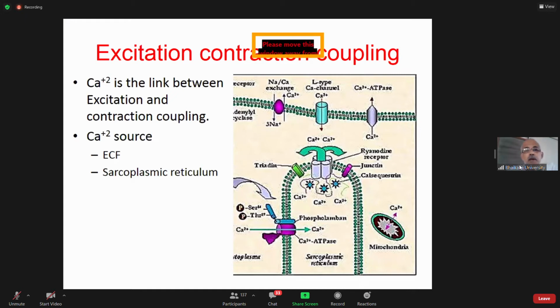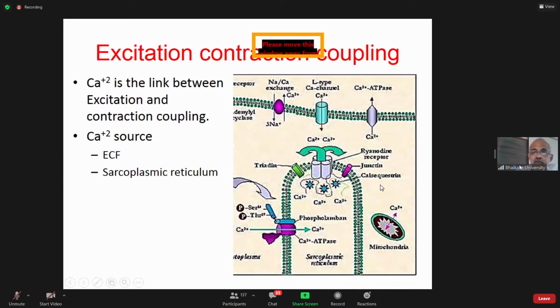Okay. Now, excitation contraction coupling. You know that one of the most important components for excitation contraction coupling is influx of calcium ion. The calcium ion sources in case of cardiac muscle are 2. One is the extracellular calcium ions, and second is the sarcoplasmic reticulum, which stores calcium ions.